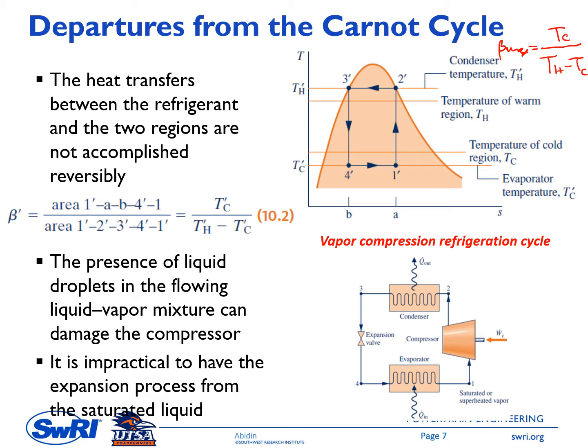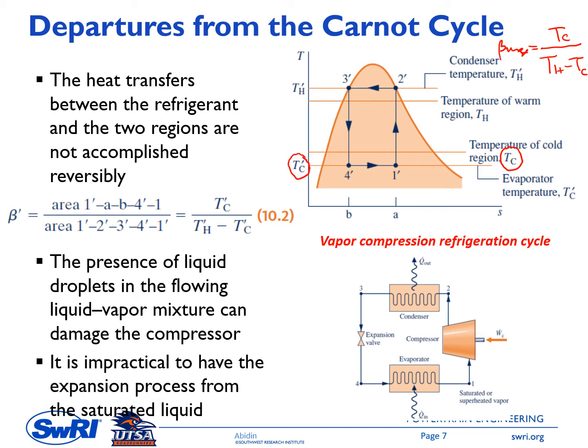If the cold region temperature is TC, the working fluid temperature must be lower than TC, represented in this TS diagram by TC prime.